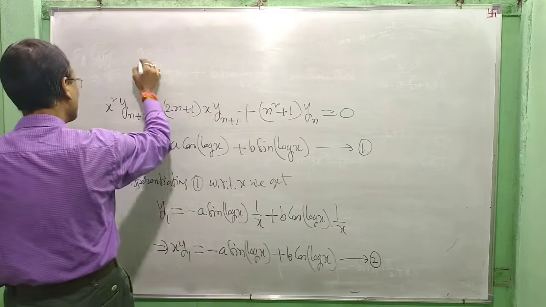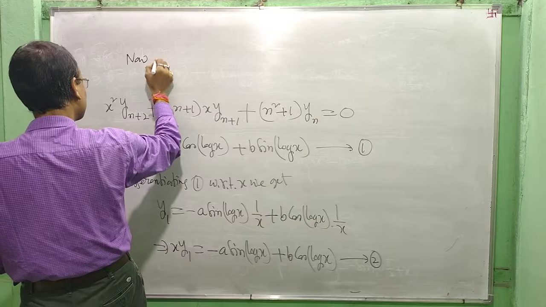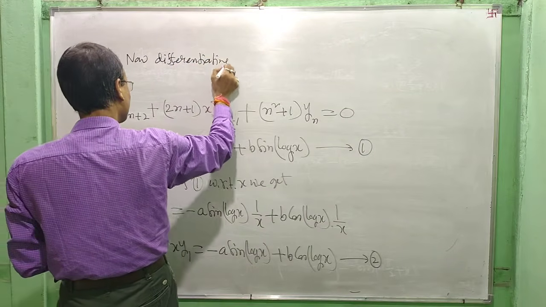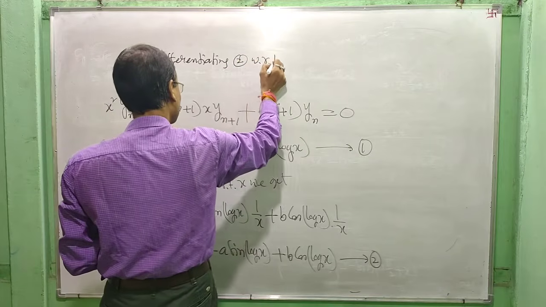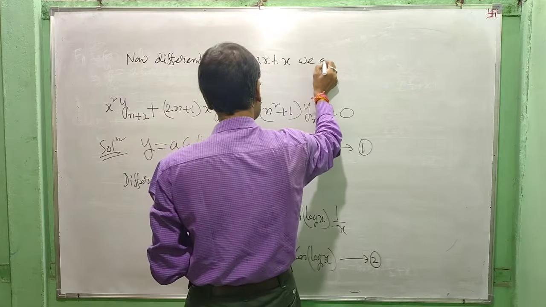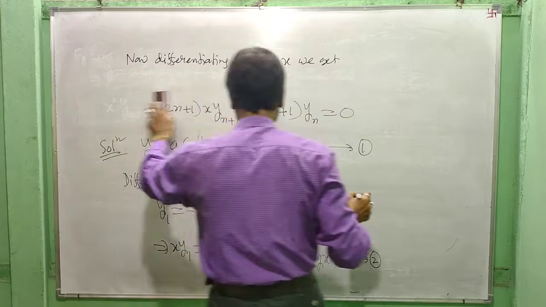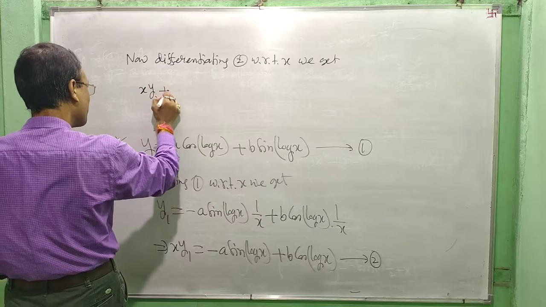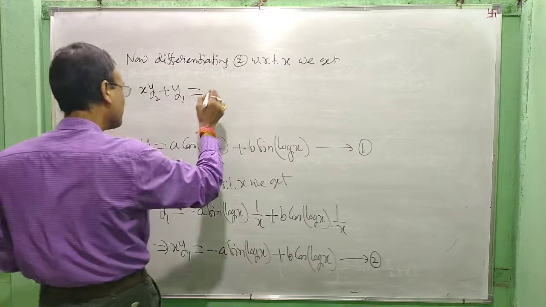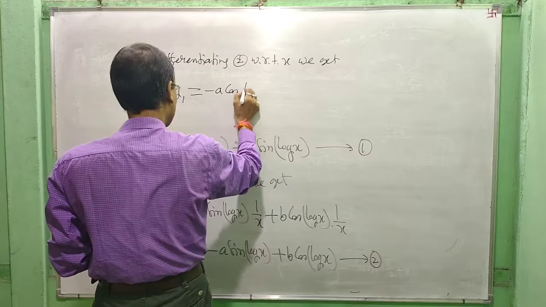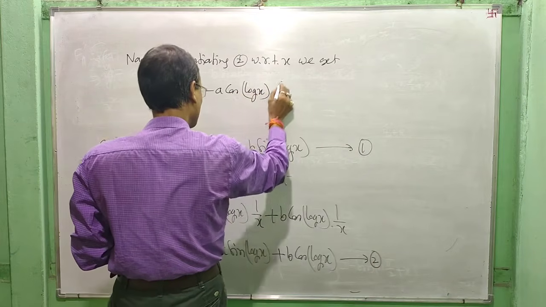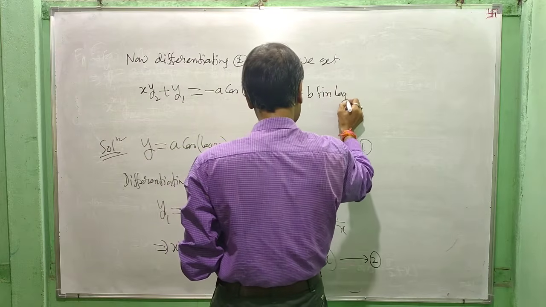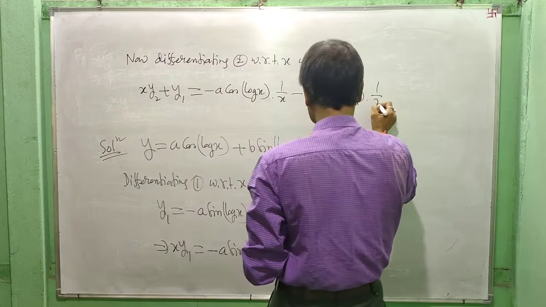Differentiating 2 with respect to x, we get x y2 plus y1 equal to minus a cos log x into 1 by x minus b sin log x into 1 by x.